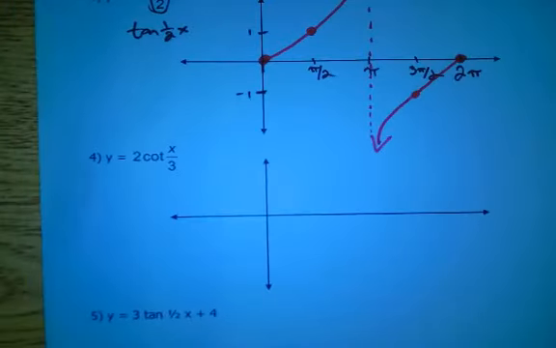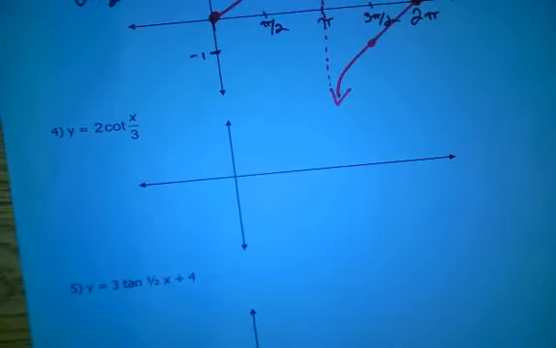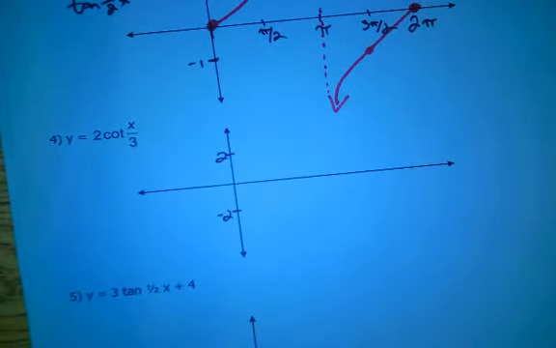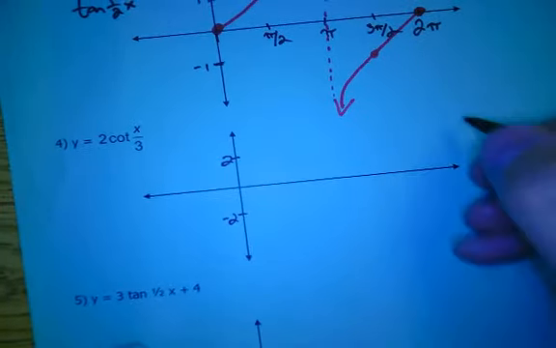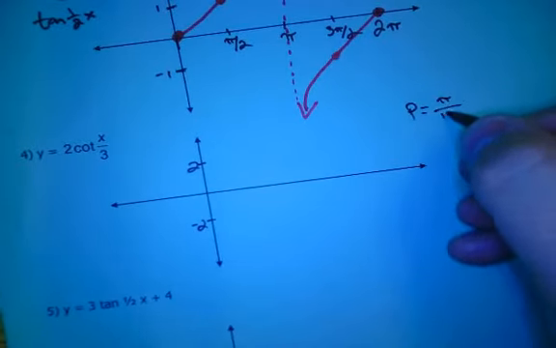Okay? It's cotangent. I only have 2 transformations here. What are they? Amplitude. So instead of marking off 1, I'm going to mark off A. And then what else changes? Period. So what's my period going to be in this one? Period is going to equal pi over 1/3.